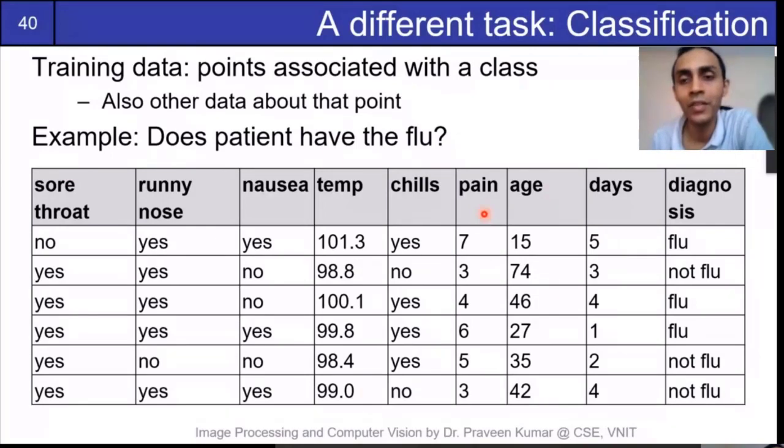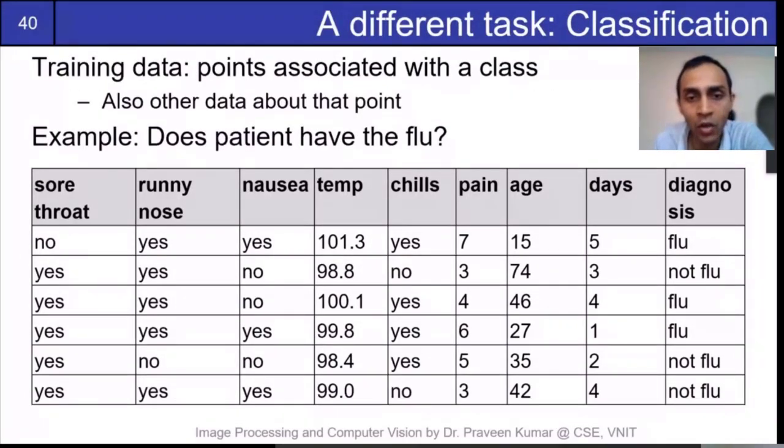So if you have data points regarding various symptoms related to flu, you want to diagnose and find the output of whether the patient has the flu or not. So it's a binary class problem. You can give a label 0 or 1: if the person has flu, you give the label 1, otherwise 0.